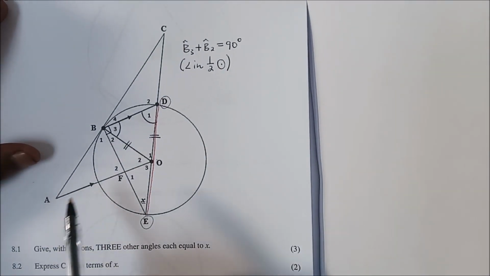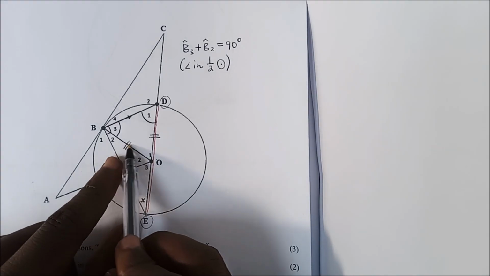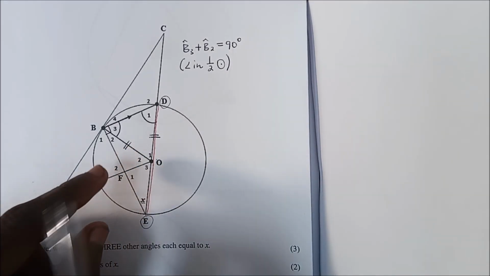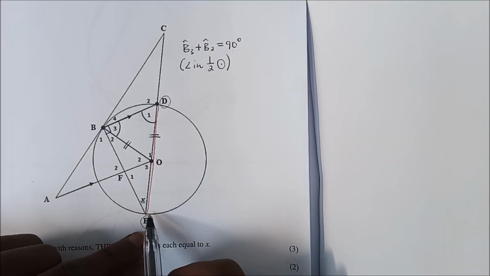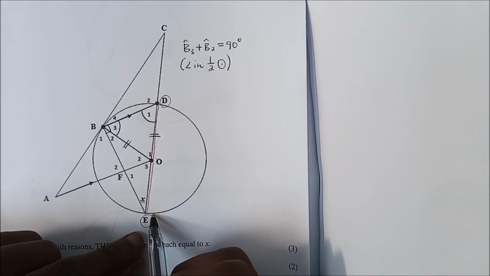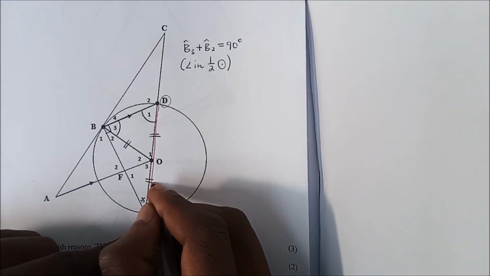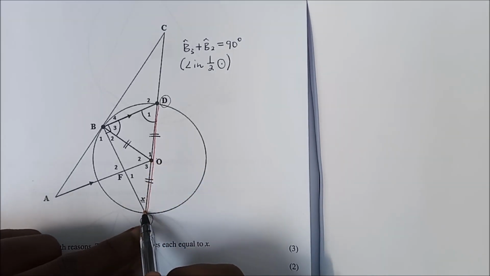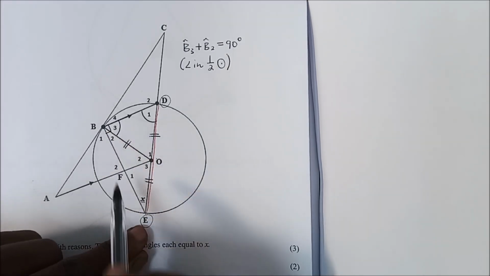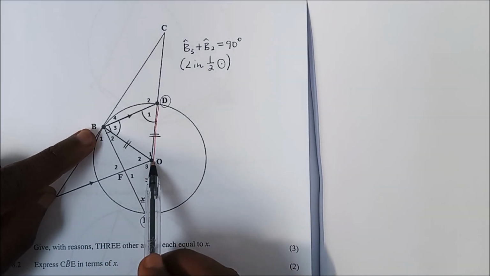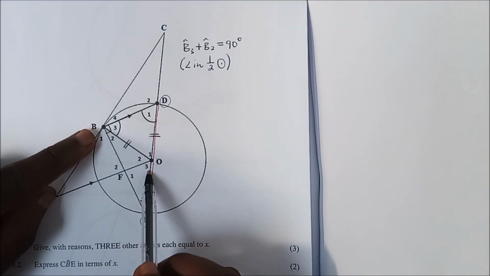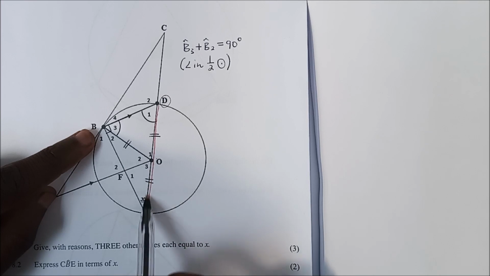Now we don't have only these two radii, we have another radius. Another radius is OE. Look at OE, it's the same thing. So that means OE is equal to OB. Can you see that in triangle BEO, are you aware that it is an isosceles triangle?